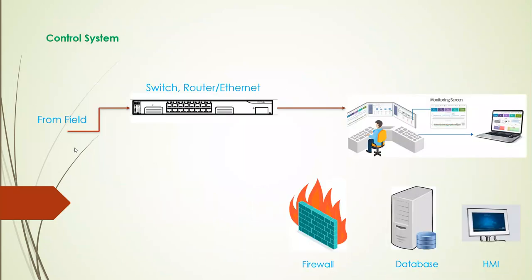On the other hand, the data from the field is connected through the fiber optic to the switch or router, and then we can see all of the parameters and their values in the field. As you know, any control system has some devices like firewall, database, and HMI for monitoring and control of the system.